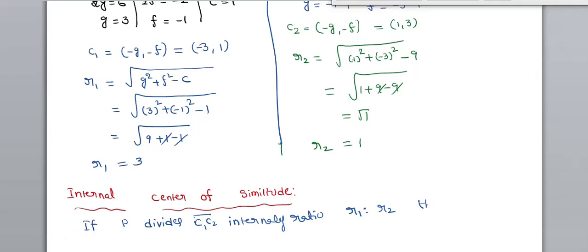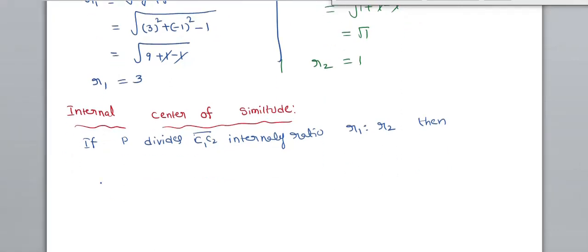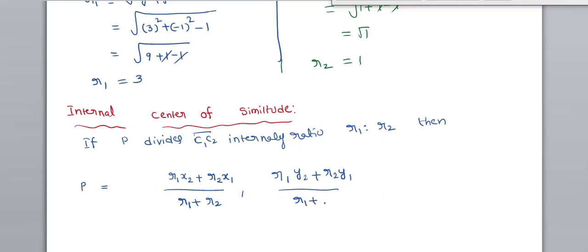Then the formula: P is equal to R1 x2 plus R2 x1 by R1 plus R2, R1 y2 plus R2 y1 by R1 plus R2.